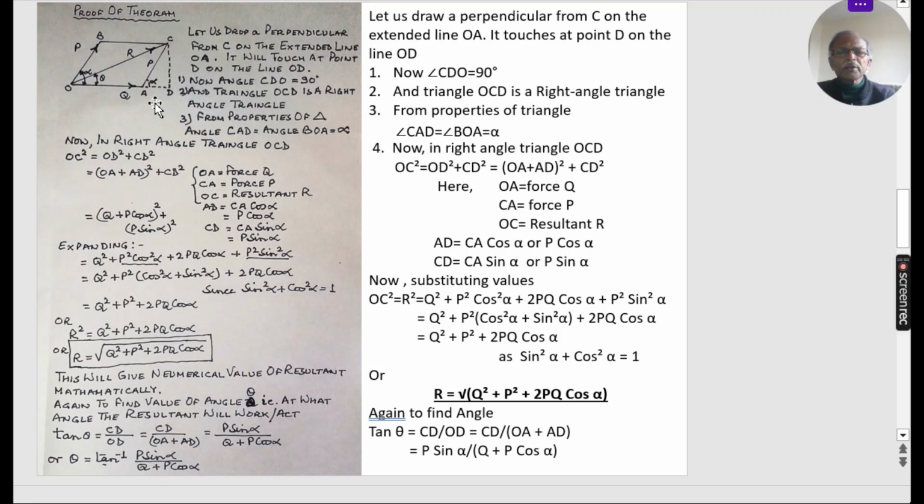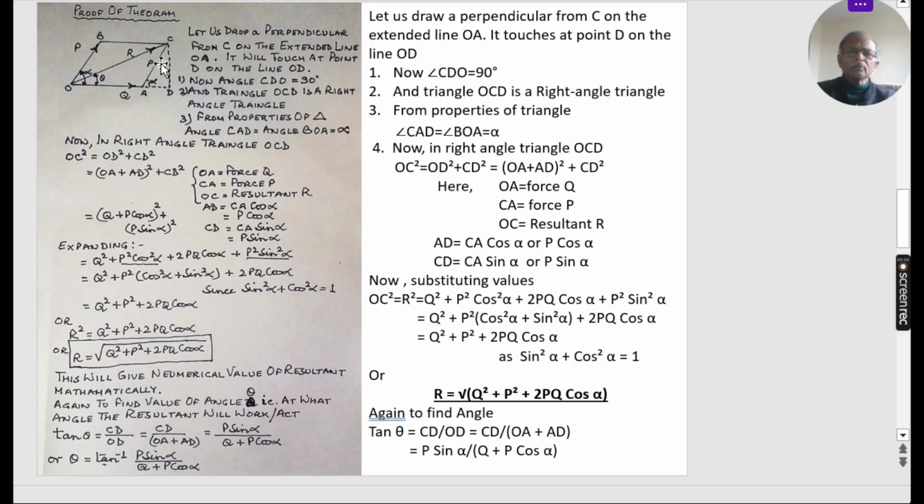Anyway, I think you know, that means this angle BOA will be equal to CAD. Both angles are equal. Okay, and OB will be equal to AC. That means OB, which is representing the force P, similarly, AC will also represent the force P.